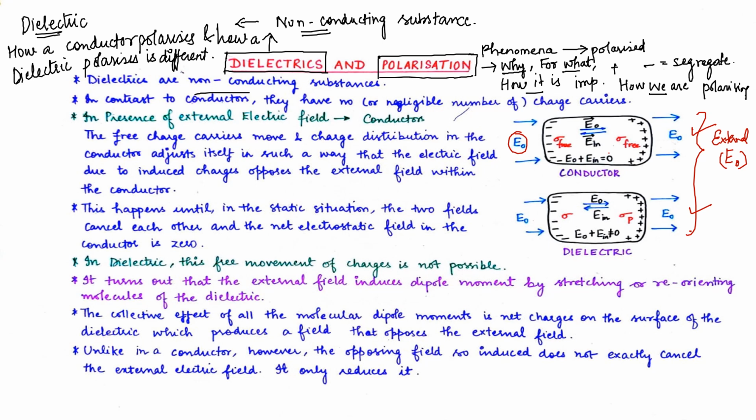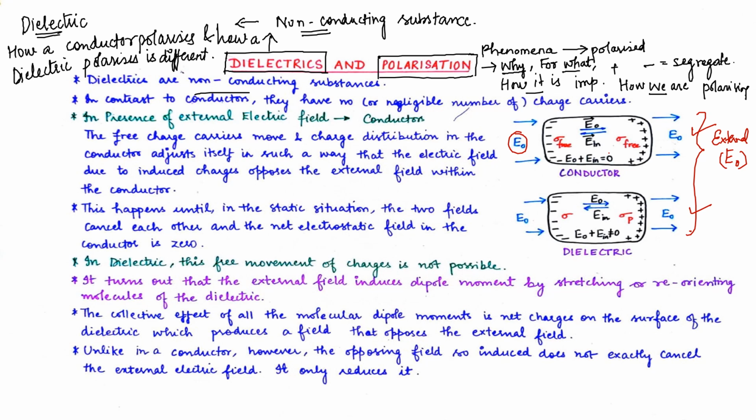Both roles are a little different. The electric field provided is the same and has equal strength. It will try to do the same thing in the conductor as well as in the dielectric, but there is a phenomenon difference because of their difference in property.